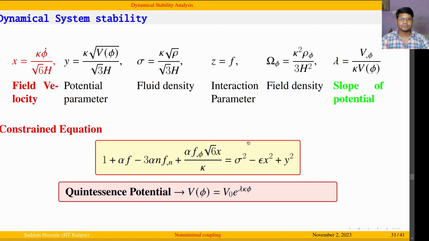So z f becomes just like a free variable. So z is f, and omega phi is the field density normalized with the Hubble parameter, and lambda is the slope of the potential. We are using the standard definitions, and we get the constraint equation from the first Friedmann equation, and we are using the quintessence potential to be exponential type.